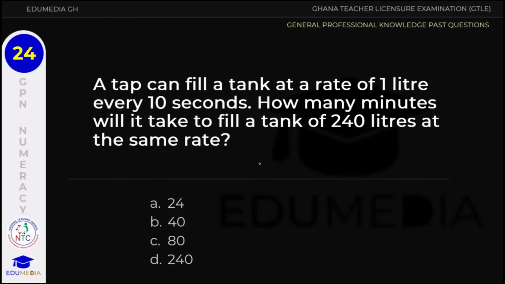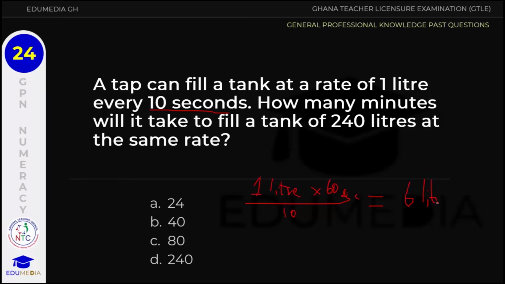So let's do 1 liter that we're going to fill. So 1 liter times 60 seconds. All right, that's for a minute. So 60 seconds divided by the number of seconds that we're given here, that's 10 seconds. And that will mean that we have 6 liters.